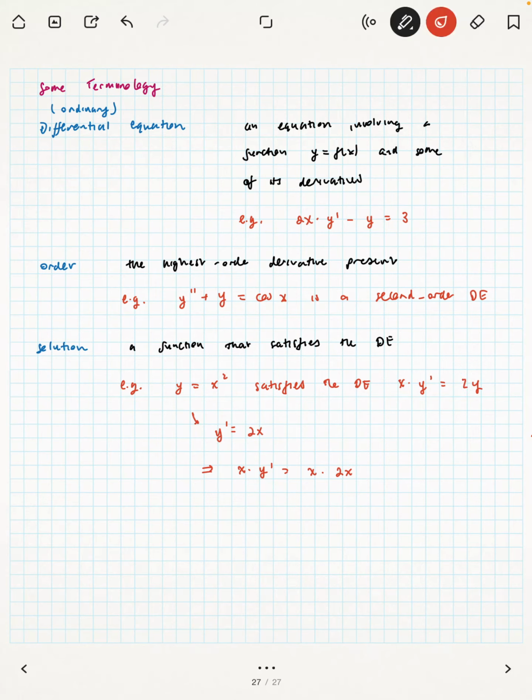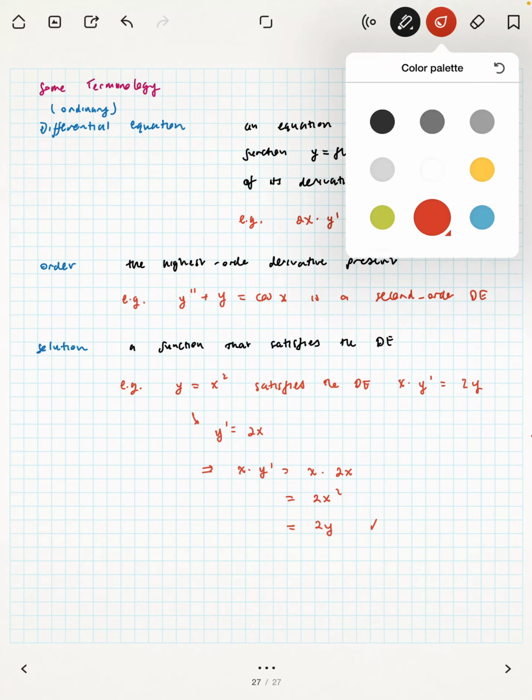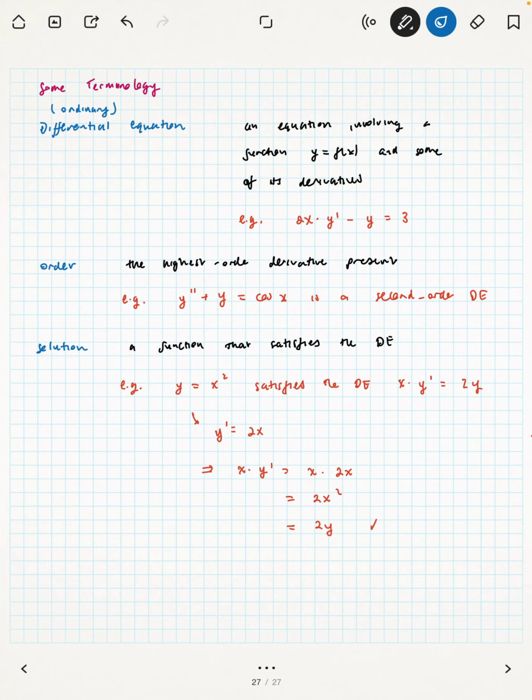Wrong DE. Sorry. Then x times 2x, which is 2x squared. But x squared is y, so that's going to be 2y. Okay, now it works. Pretend that was right all along.